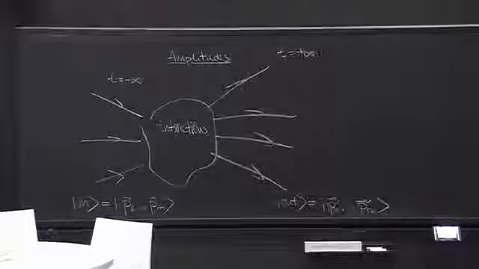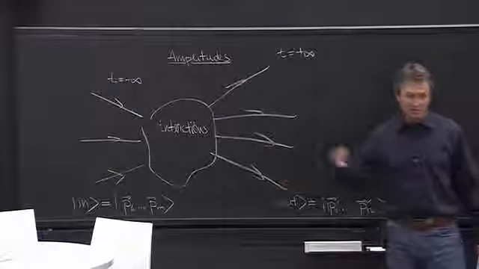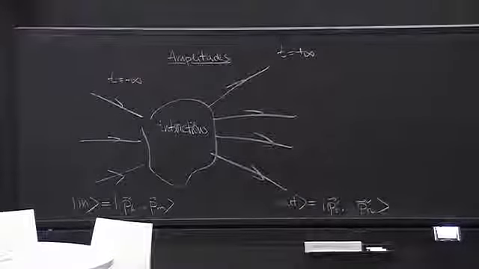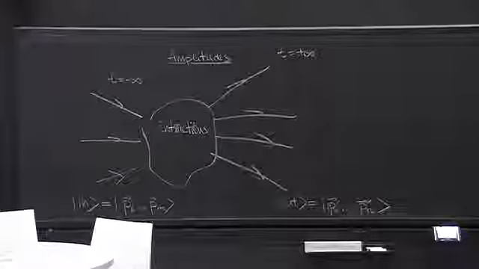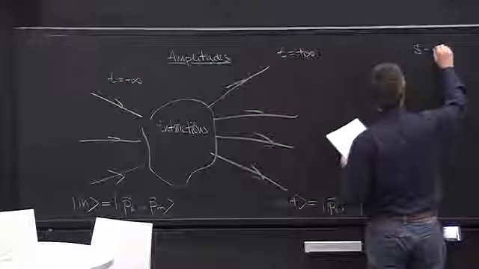So the out state, of course, is related to the in state linearly. There's some operator that describes this infinite time evolution. This operator is called the S matrix, or scattering matrix.